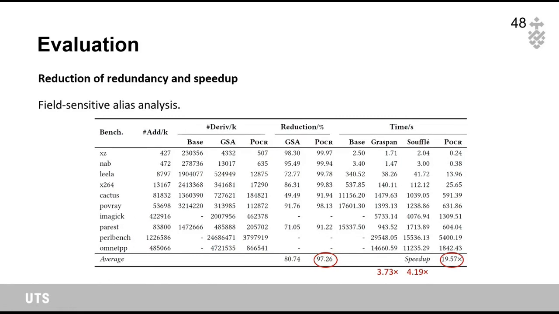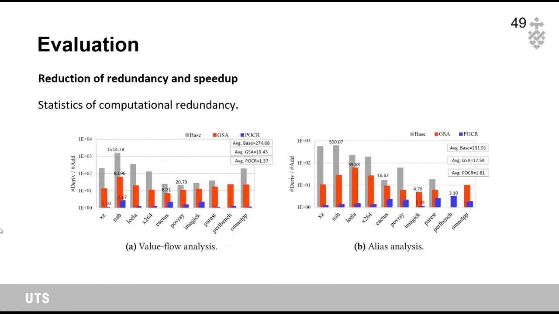We also compare our technique with other state-of-the-art CFL-reachability solvers and find that our technique is at least 3 times faster. From these two charts, we see that the computational redundancy, namely redundant derivations, is greatly reduced by our technique, which is depicted as the blue bars. This is the main reason for the significant speedups.